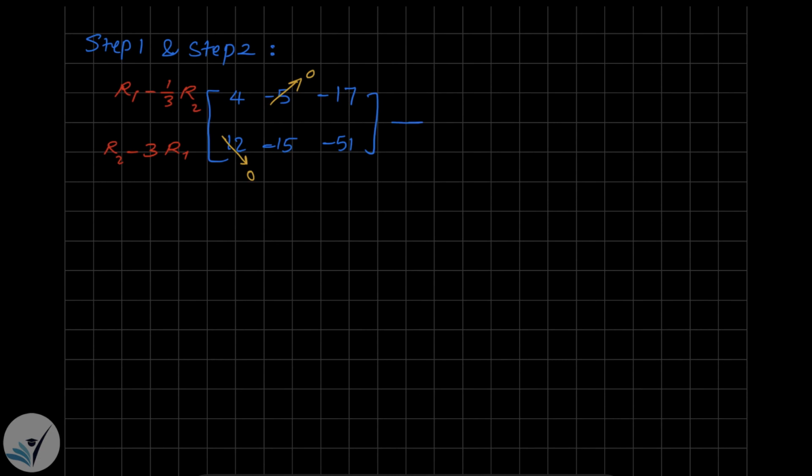If we go ahead and implement these operations on the first row and second row, we would get 4 minus 1/3 times 12, negative 5 minus 1/3 times negative 15, and negative 17 minus 1/3 times negative 51.